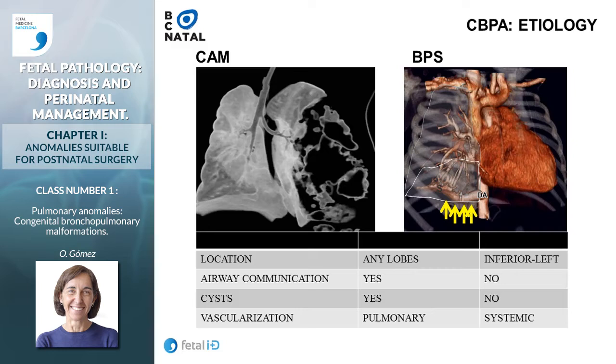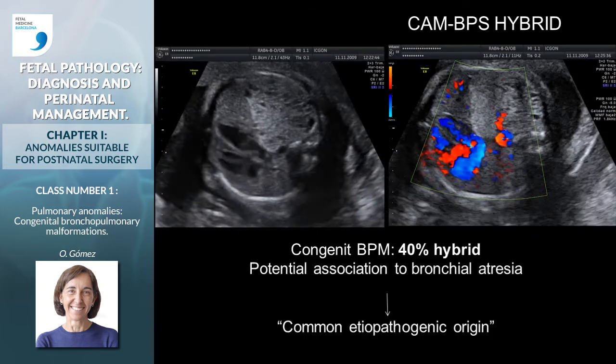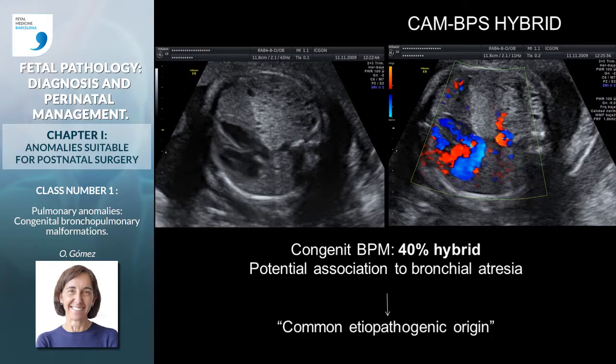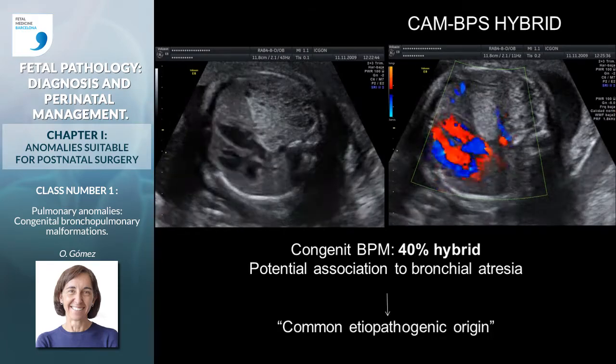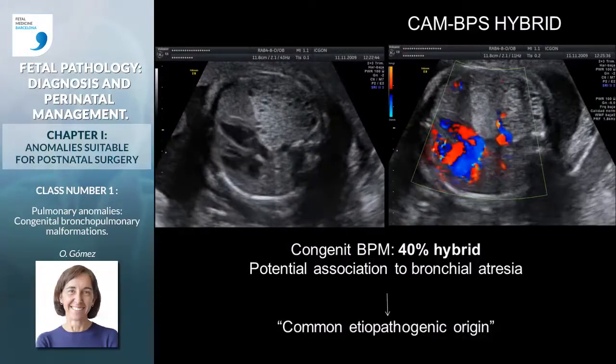Finally, the cystic adenomatoid malformation presents a pulmonary vascularization and the sequestration a systemic one. However, we cannot always make the distinction, as 40% of bronchopulmonary malformations have mixed characteristics.